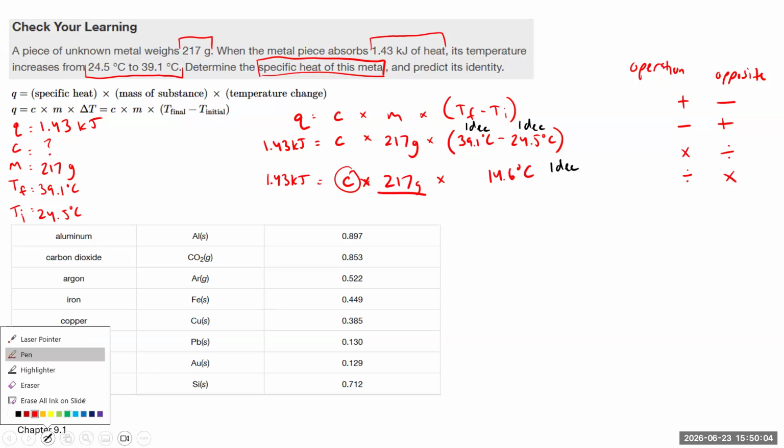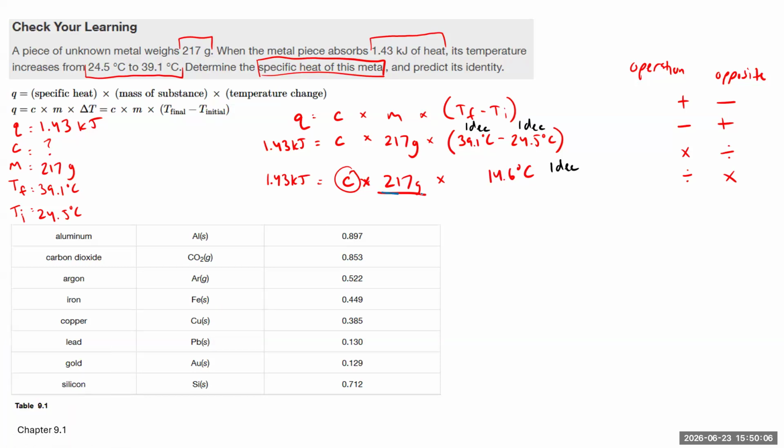I'll do it in a different color to keep track. Here we do 217 grams, and here we have to divide by 14.6 degrees Celsius. If you look here, these cancel out and these cancel out.